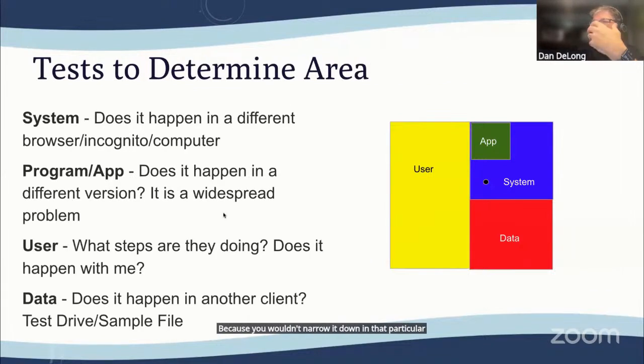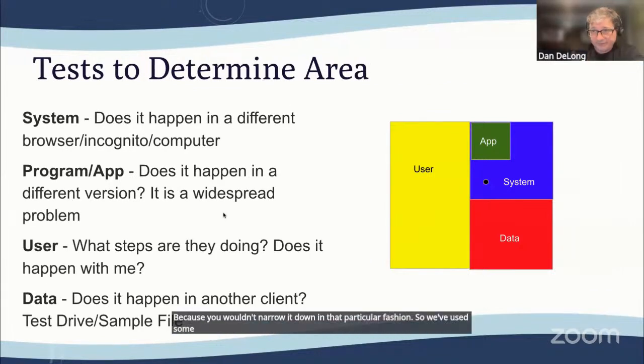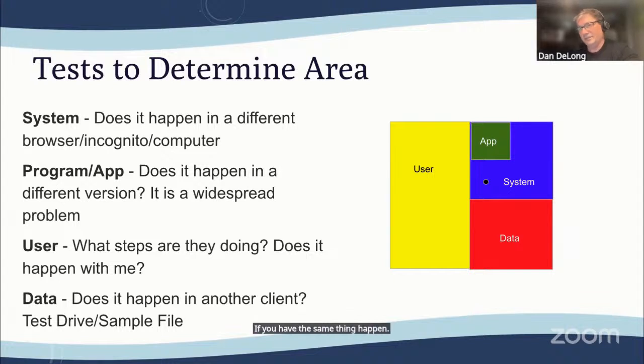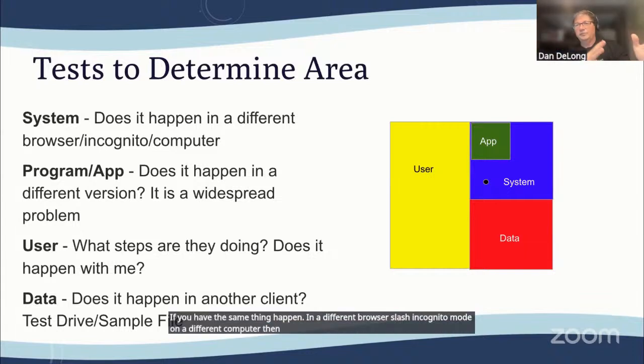Right? So there are some tests that would help to determine the area. Does it happen in a different browser or incognito or on a different computer? So if you have the same thing happen in a different browser, incognito mode, or on a different computer, then yes or no, right? So these are close-ended questions and close-ended tests to help you narrow it down.